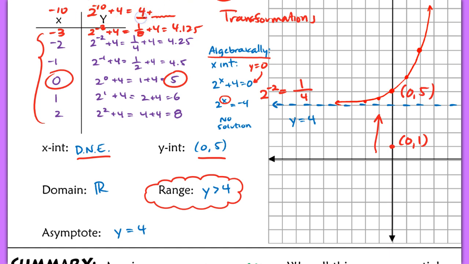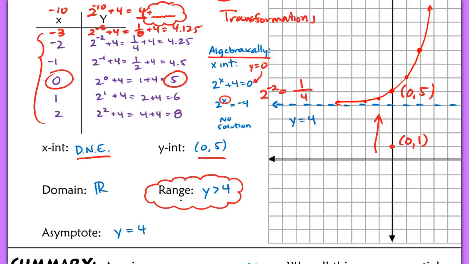But because you have that base of 4, you're never going to actually hit 4 because you're always adding some value to it. Even if it's really tiny, you're still adding something to it. So that's why our range is never going to equal 4, but it's going to come very, very close to touching 4. So that's why our range here is y is greater than 4.